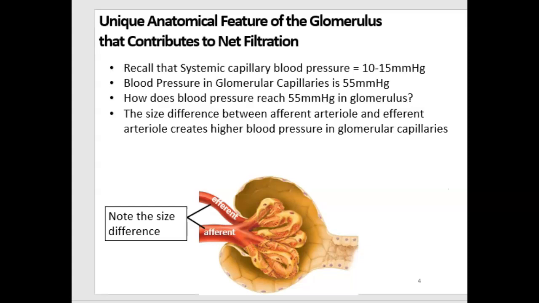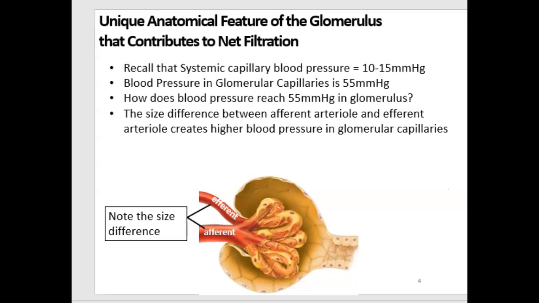Recall that systemic blood pressure in the systemic capillaries is low. It's only 10 to 15 millimeters of mercury. But the blood pressure in the glomerular capillaries is 50 to 55 millimeters of mercury. This higher pressure is due to the different sizes of the afferent and efferent arterioles.